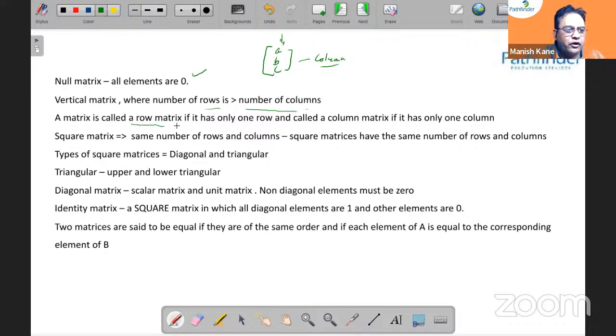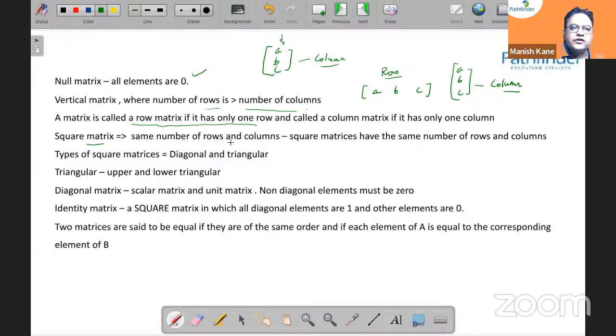A matrix is called a row matrix if it has one row. So A, B, C, this is a row matrix, and A, B, C, this is a column matrix.